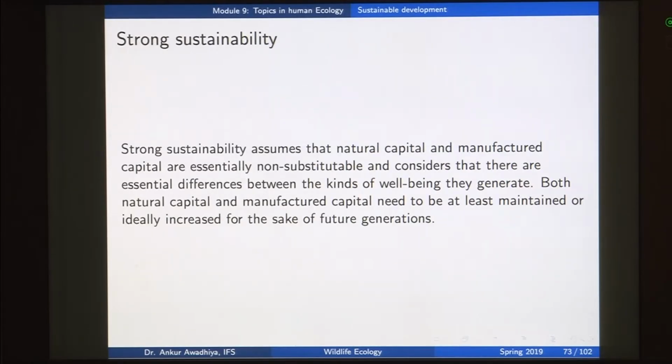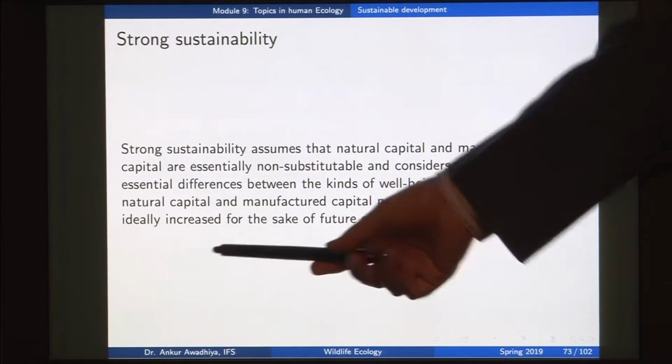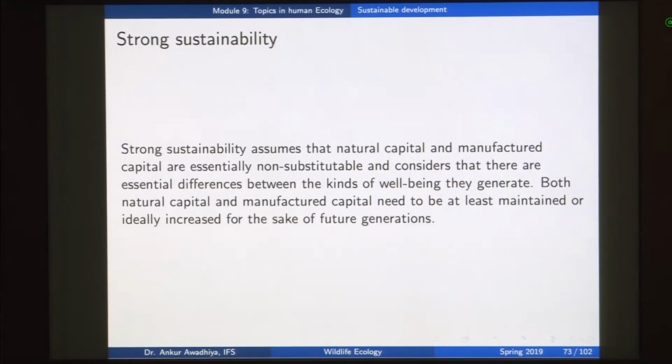You need both of these. These cannot substitute each other, because they have essential differences in the kinds of well-being that they generate. So, both of these have to be maintained separately, and both have to be ideally increased for the sake of future generations. For the sake of the future generations, we need more houses, but at the same time we also require more forests to take care of them.